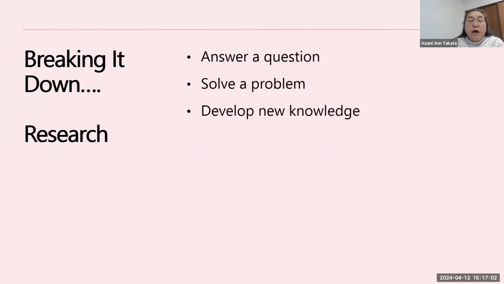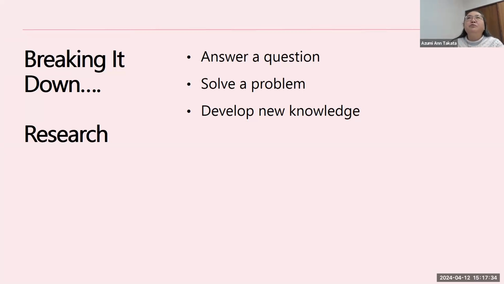The second part, research. There are lots of different definitions of research. For students, up until now, you've mostly been a consumer of other people's research, and maybe not so much a producer of your own research. But this is the time to make that transition from consuming research to producing research.